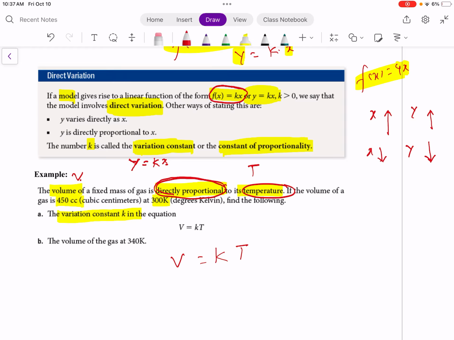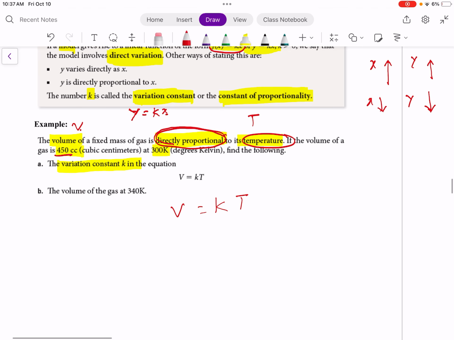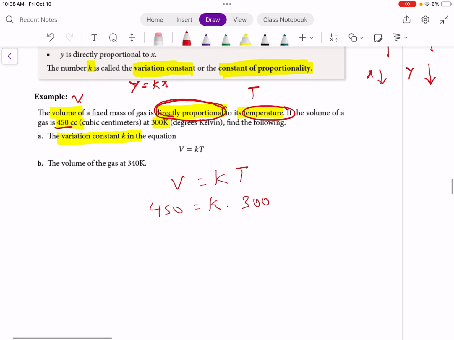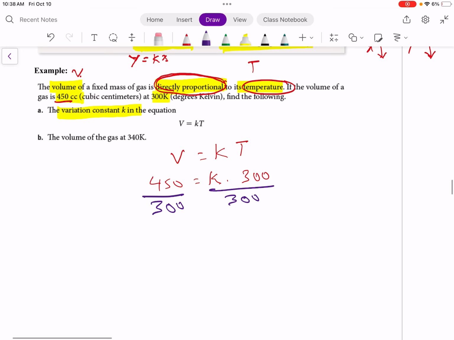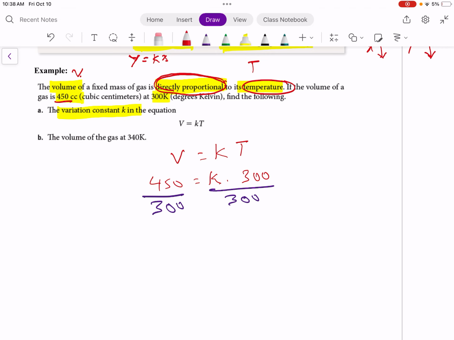We know our volume is 450 cc, so let's replace V by 450 equals k times 300. k is what we need to find. Our temperature is 300 Kelvin. So let's solve this equation for k. For that we divide both sides by 300. 450 divided by 300, what is this? Is it 1.5?